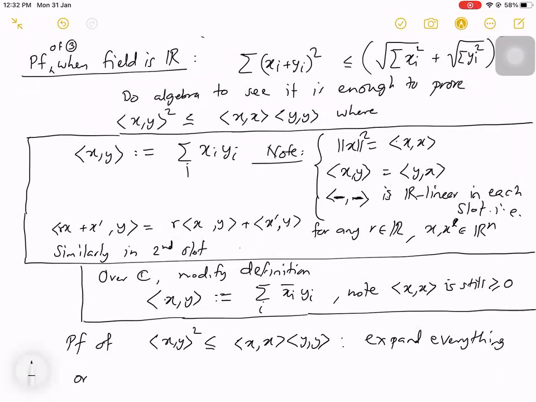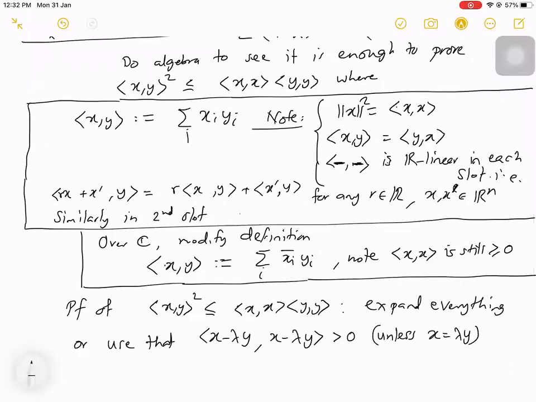Or use that if I take this, then this has to be greater than 0, unless x equals lambda y.